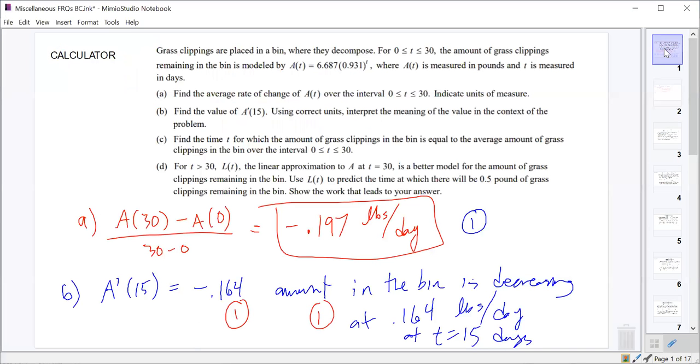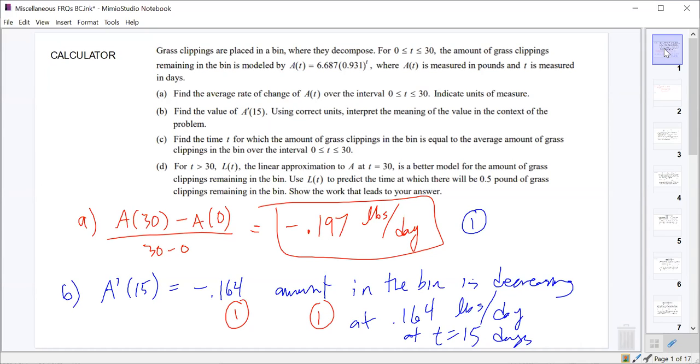All right. Part D, for t greater than 30, they're saying that the linear approximation to A at t equals 30 is a better model for the amount of grass clippings. Use that L of t to predict the time when there will be a half a pound of grass clippings remaining in the bin.